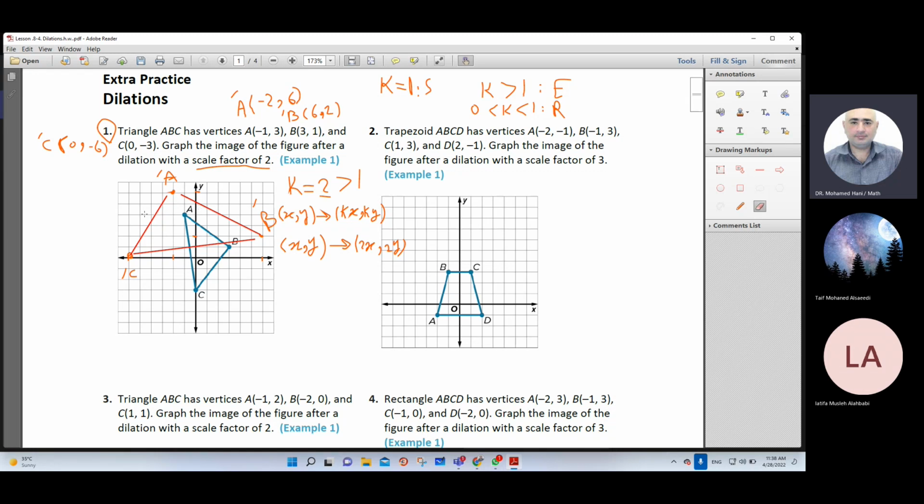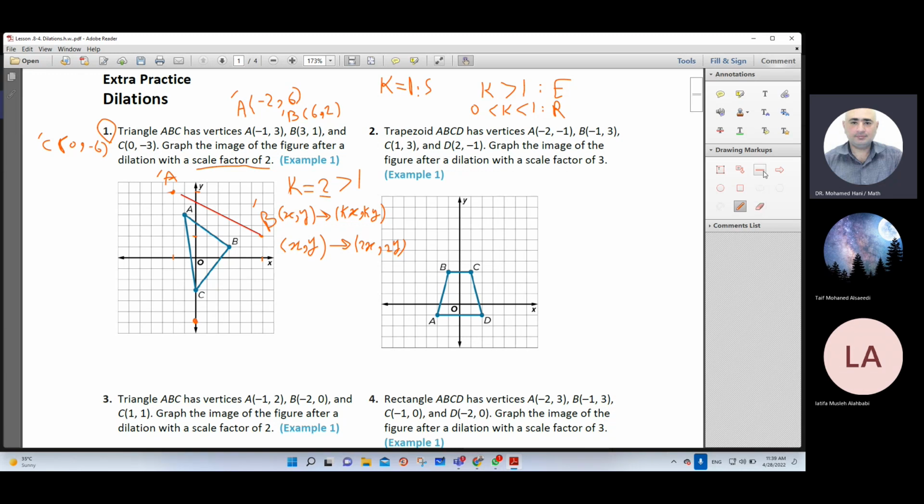That's here, I will make it 8. (0, -6): negative 1, negative 2, negative 3, 4, 5, 6 will be here.